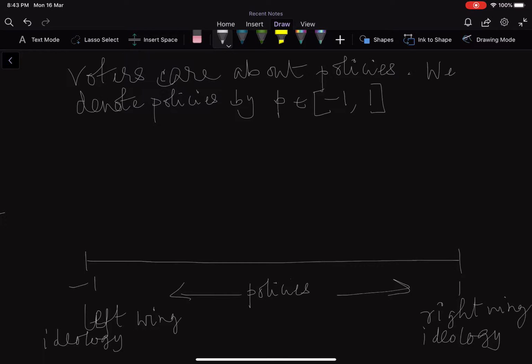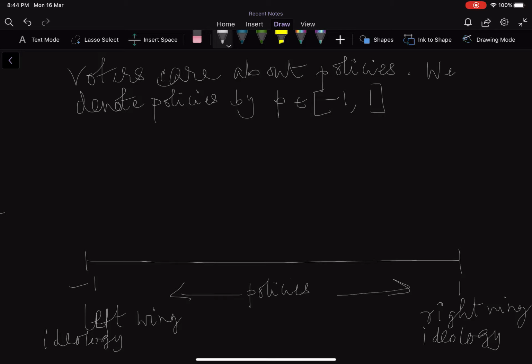So we identify voters with their favorite policies, and each voter has a favorite policy, and that favorite policy lies between -1 and 1. So the more negative the favorite policy of a voter, the more left wing is the ideology of the voter, and the more positive the number, the more right wing the ideology of the voter, right? And we have different voters with different favorite policies.